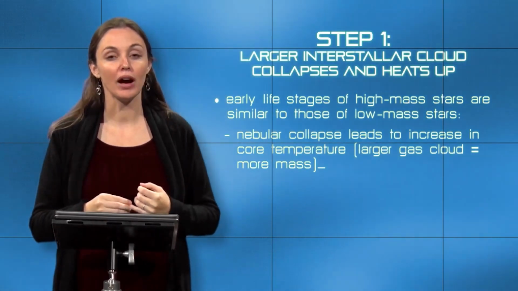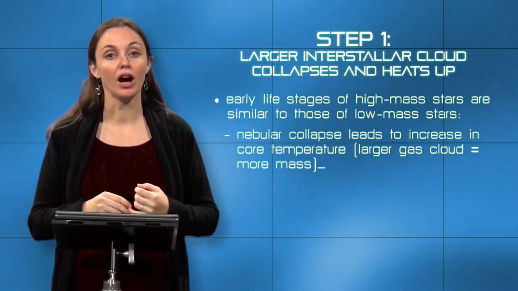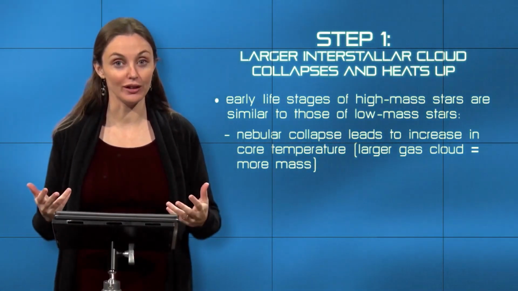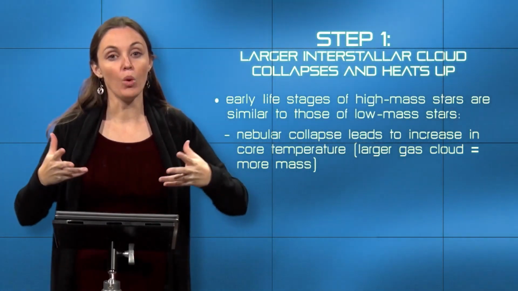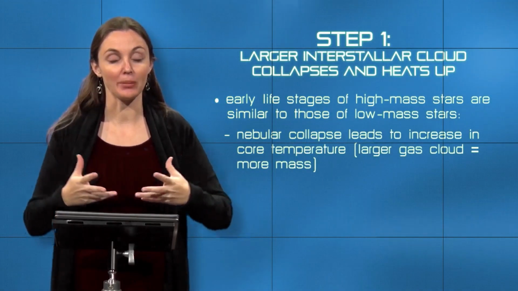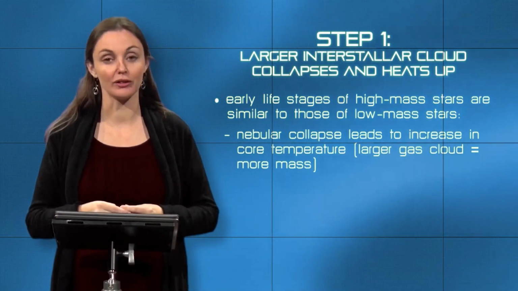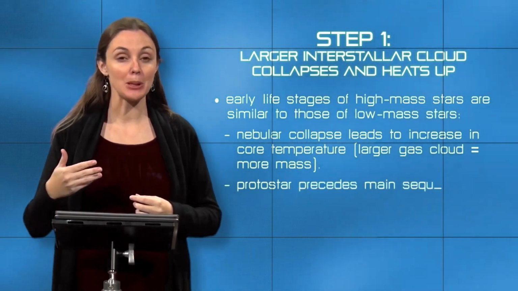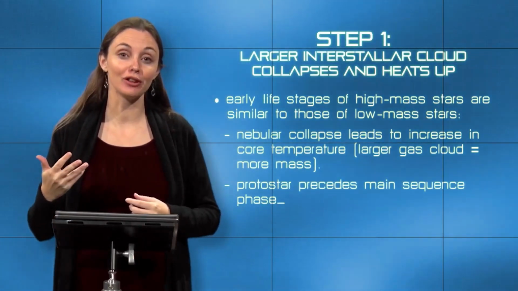Because in order to form a high mass star, you need potentially hundreds or even thousands of times the mass of a star like our sun. So you just need more matter there collapsing down to one place to form a star that would be considered a high mass star.